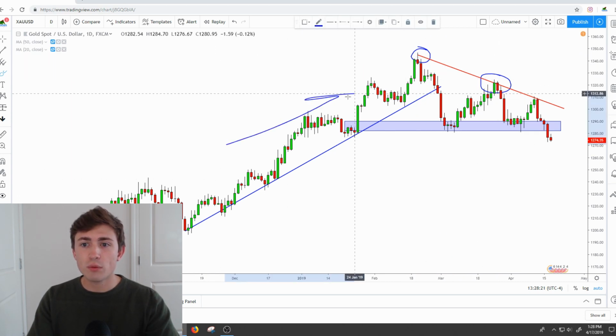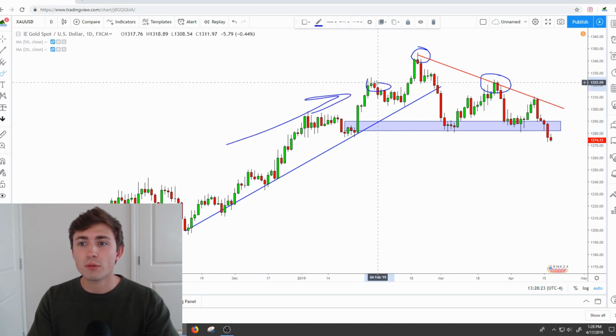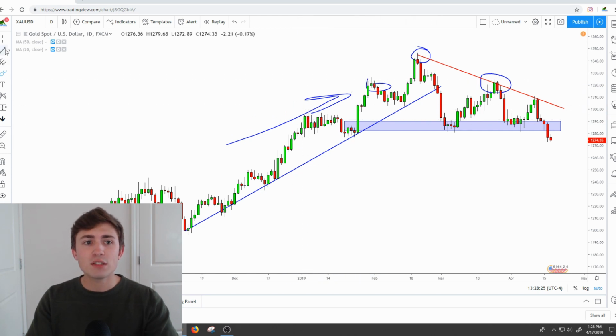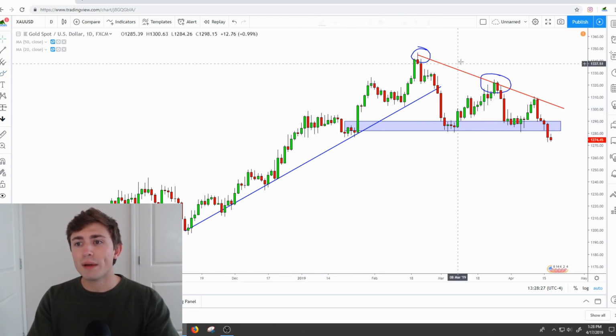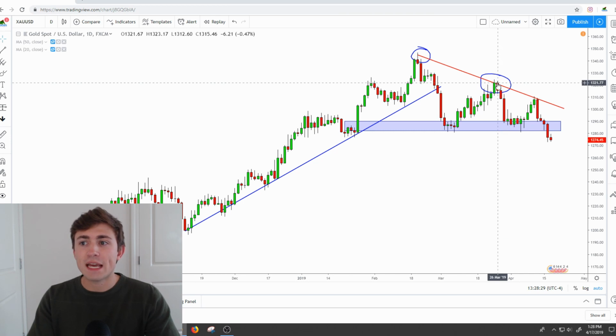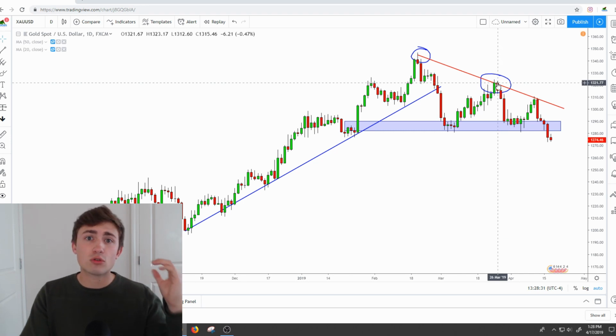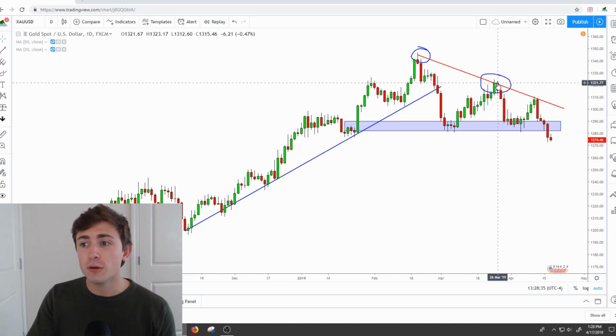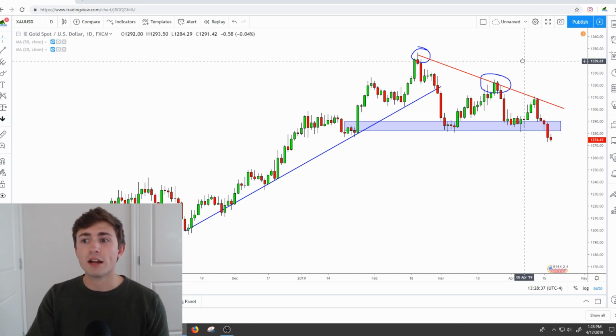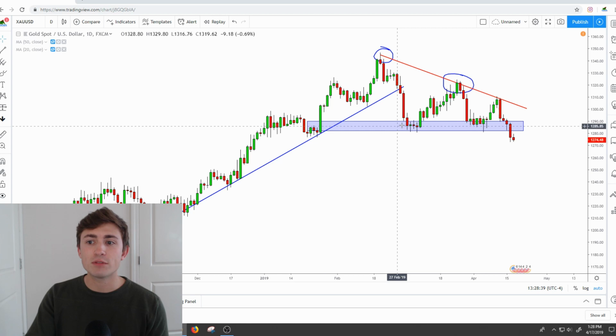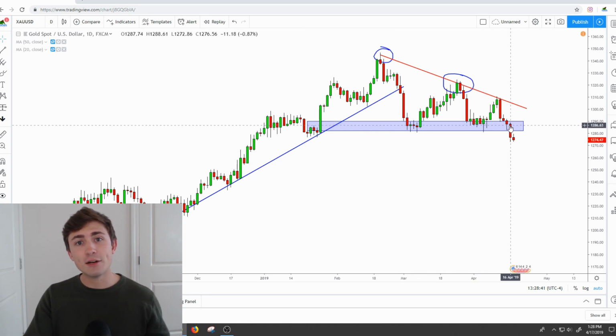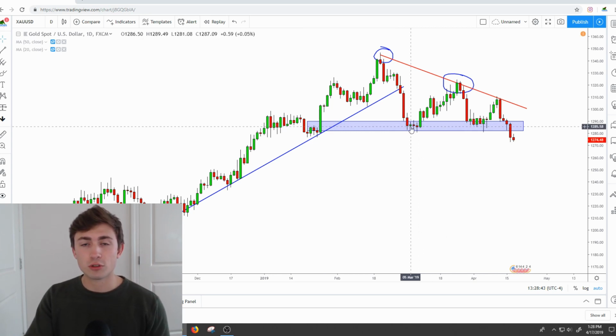All along this trend, we had a series of higher highs being formed. And finally, price was not able to form a higher high and in fact formed a lower high, showing us that the structure was now looking pretty bearish. And our third clue that the market was ready to start its downward trend is this break of structure here on the downside, breaking through structural support here.